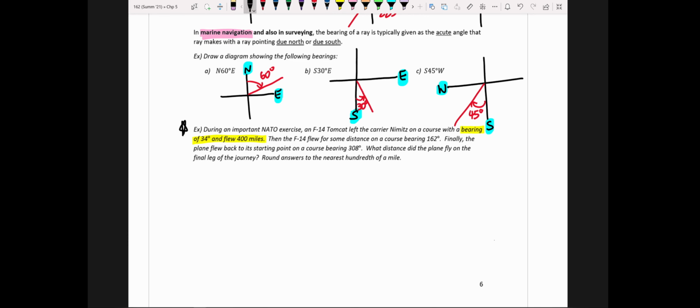So bearing means that we're going to start in the north line and we're going 34 degrees clockwise. So this is going to be the starting, the green star. From the north line, we've traveled 34 degrees clockwise. And that first leg is 400 miles.